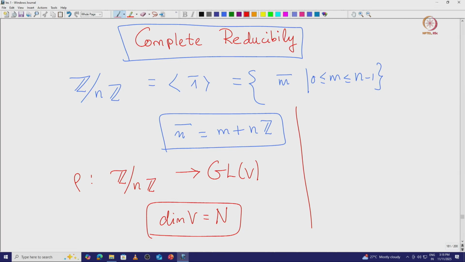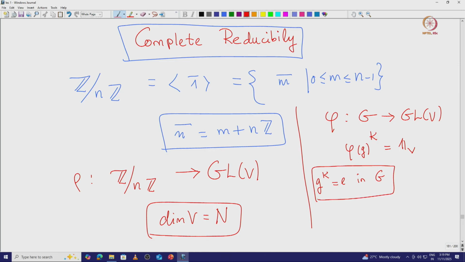That is because if we take some phi, a representation of capital G on this finite dimensional vector space V, then phi of g satisfies phi of g power k is identity on V. That is because any element of the group G must have finite order, so g power k is identity inside G. This relation is given by Lagrange's theorem.